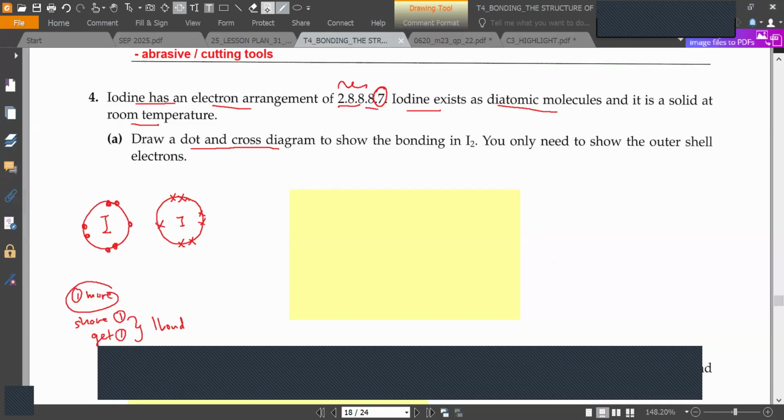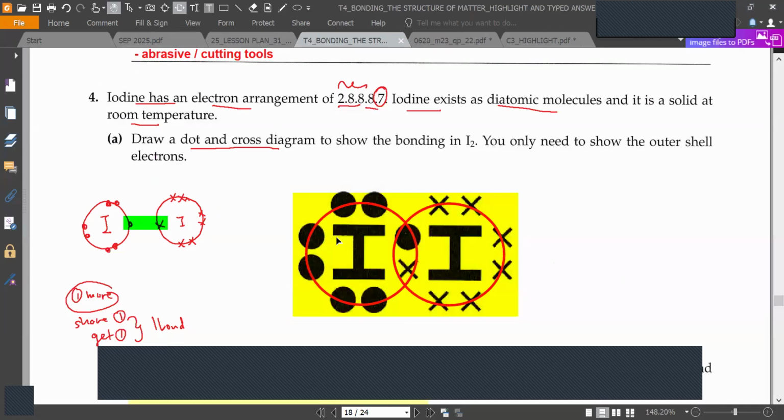These two electrons will share to form the covalent bond. The dot and cross diagram looks like this. In the end we form I2.